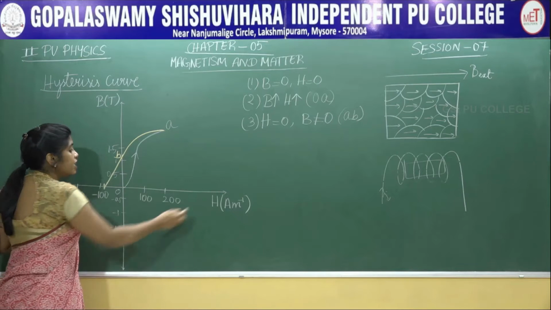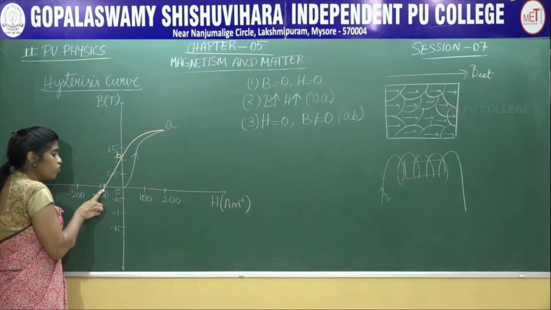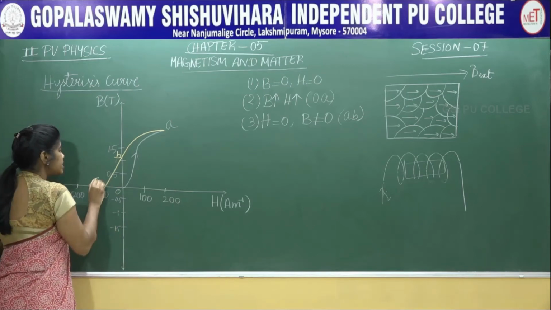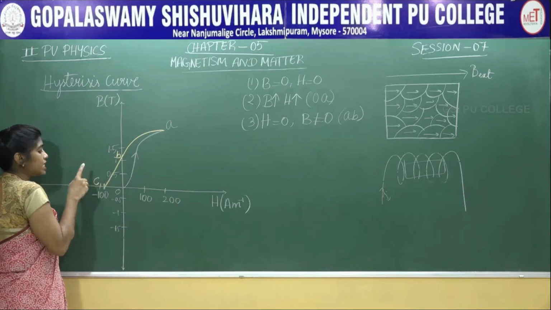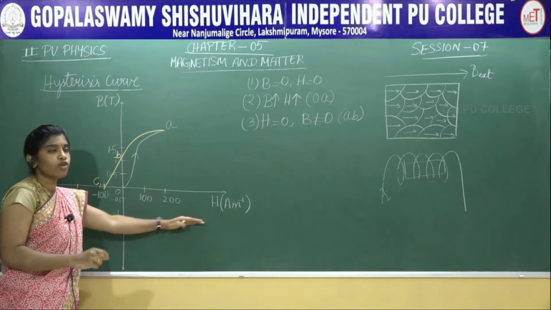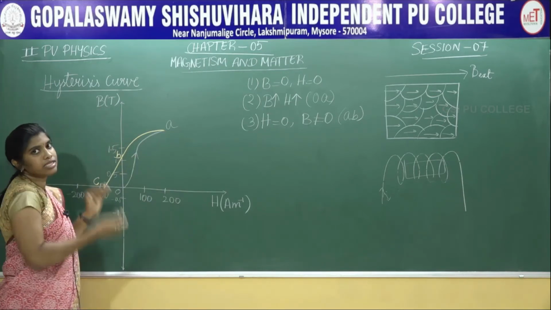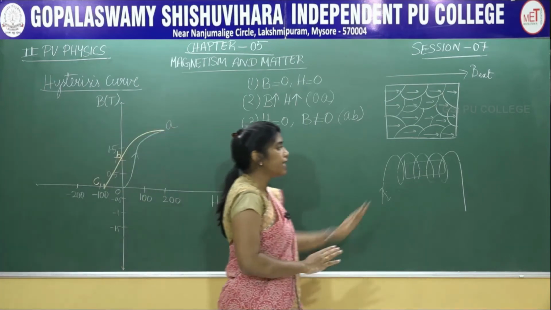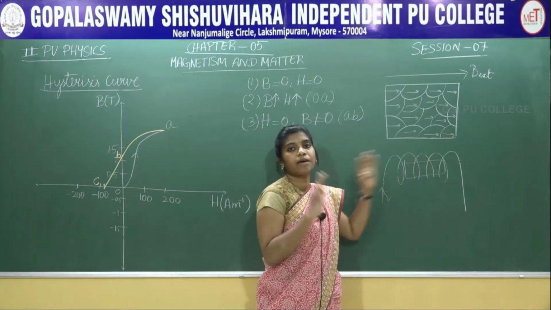Now, you can see the value of H has become negative for the value of B to become 0. At this point, I have named it point C. At point C, the value of H is negative and the value of B is 0. Now, we have removed the magnetism completely from this ferromagnetic material.